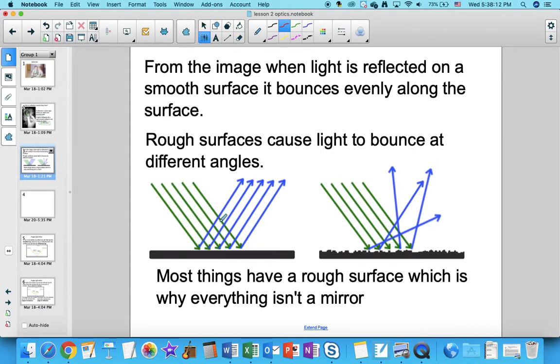Because it isn't evenly distributed light that's bouncing off, you don't create the image you'd see in a mirror. Most things have a rough surface, which is why everything isn't a mirror. So when you don't see your reflection, that means the surface the light is bouncing off isn't smooth enough to create that smooth, nice transition of reflection.